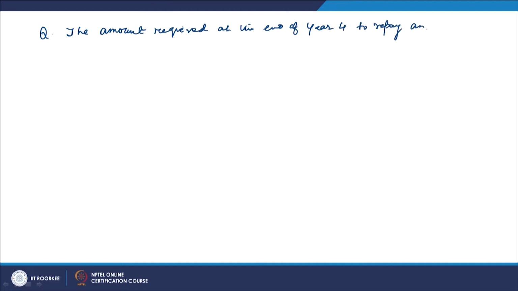Next, many times you may face a question like this: the amount required at the end of year 4 to repay an amount of rupees 4 lakh that is borrowed today, where the interest rate is 12% compounded quarterly.